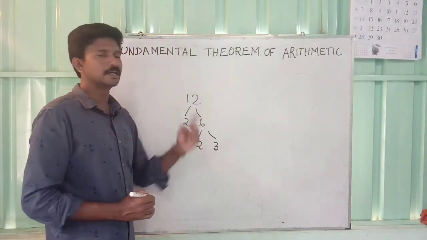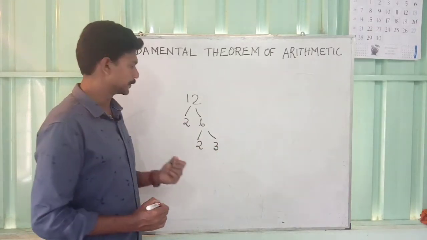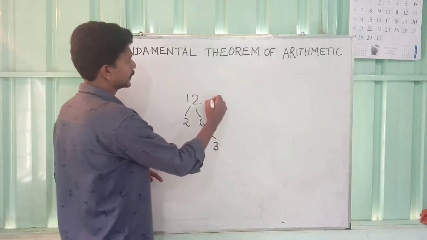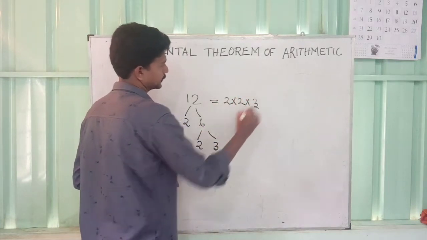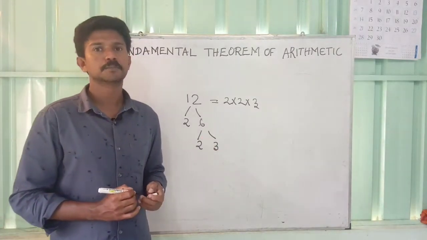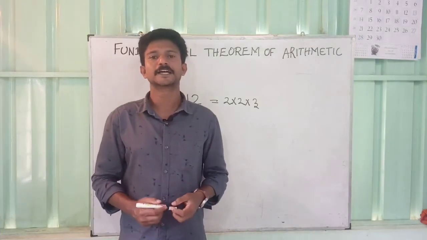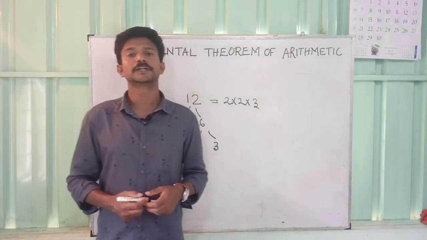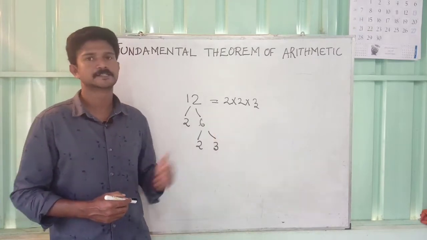So 2 is a prime number and 3 is also a prime number. So 12 we can write as 2 into 2 into 3. This kind of expression we call a product of prime numbers. So every composite number we can write as a product of prime numbers like this.